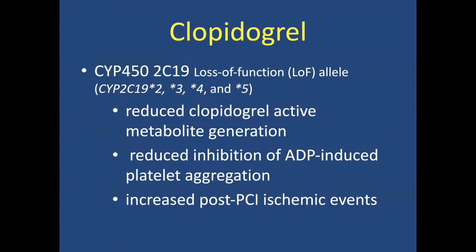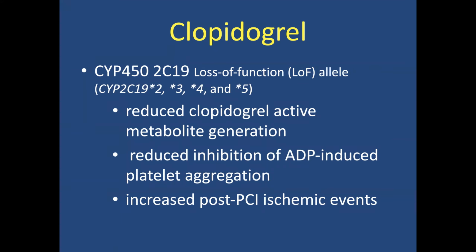So it is possible for you to have a loss of function allele. So those patients who have one normal functioning allele and one loss of function allele are deemed intermediate metabolizers. And then those patients who have two loss of function alleles are poor metabolizers and have no ability to convert clopidogrel from a prodrug to the active metabolite.